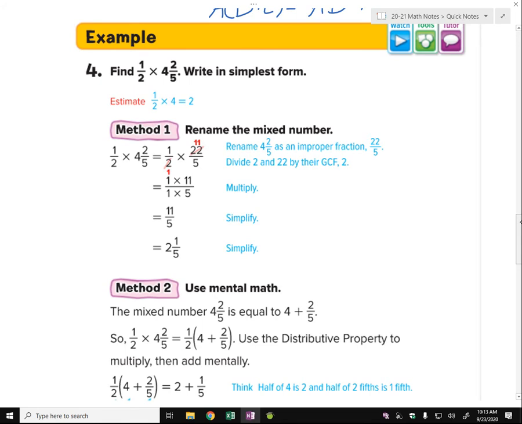What we have in red right here is finding a common factor, the greatest common factor of 22 and 2. So I can reduce 22 into 11 by dividing by 2. I divided 2 in the lower left by 2, and it turns into 1. So then I just multiply straight across. 1 times 11, 1 times 5, comes out to be 11/5. We simplify and get 2 and 1/5.